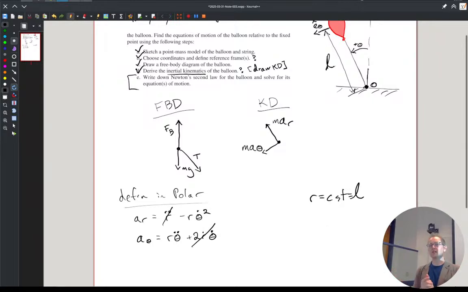What about a moment equation? We could use a moment equation here too, but it won't change how many degrees of freedom we have, or sorry, how many equations of motion. I gave away an answer, because my next question was how many degrees of freedom do we have in this problem?